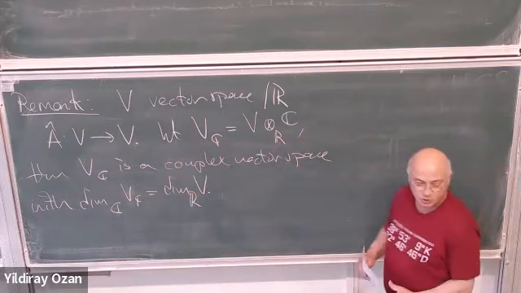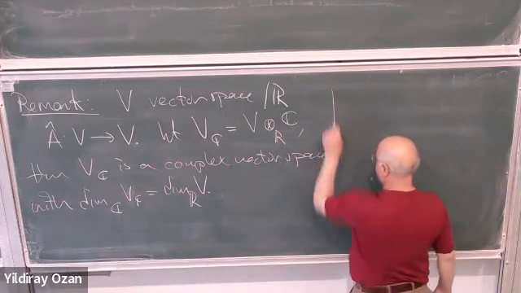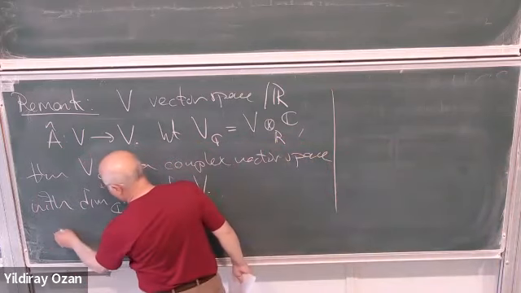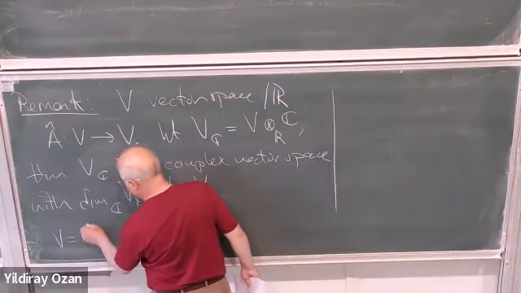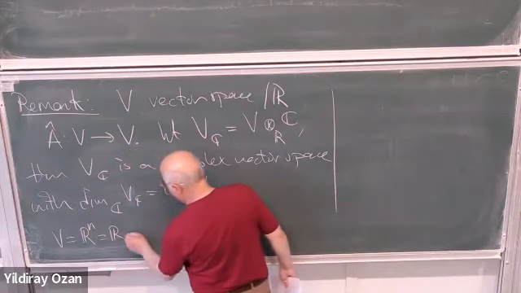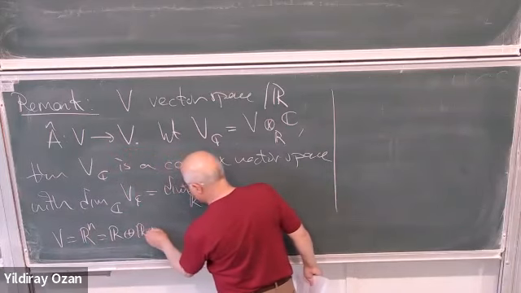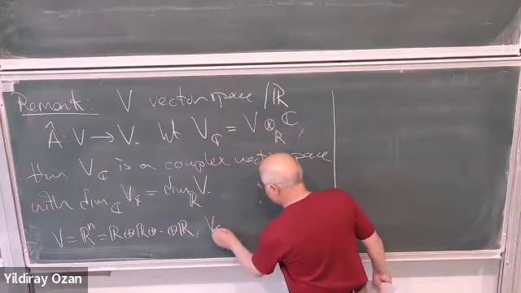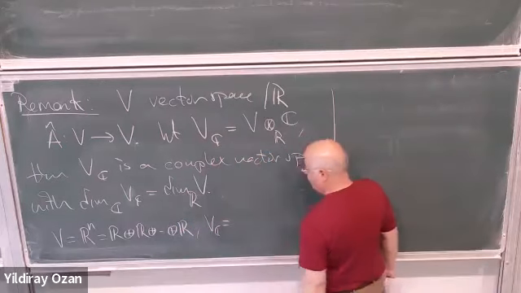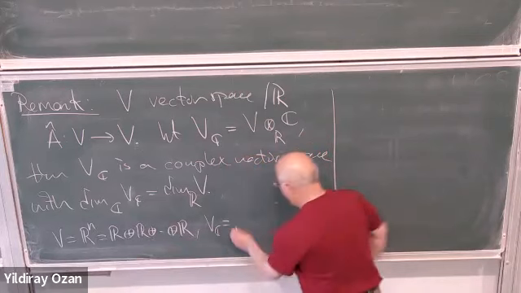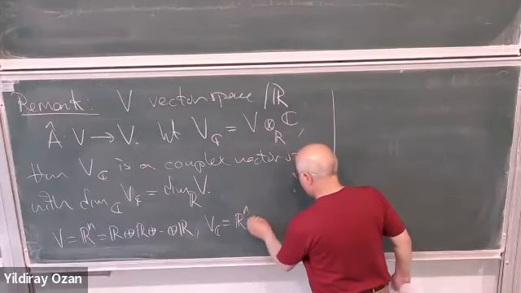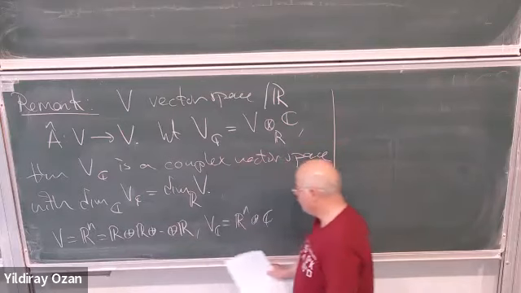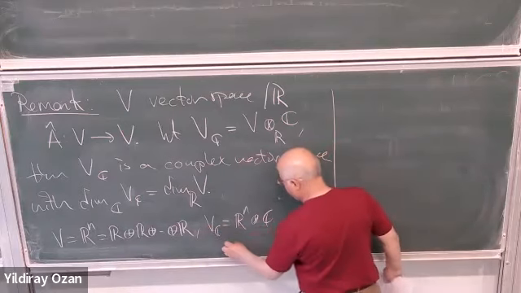The complex dimension of E sub C is just the real dimension of E. Suppose E is finite dimensional, say R^n, so it is R direct sum R and so on. Then E sub C is R^n tensor C, and this R^n is just this direct sum.